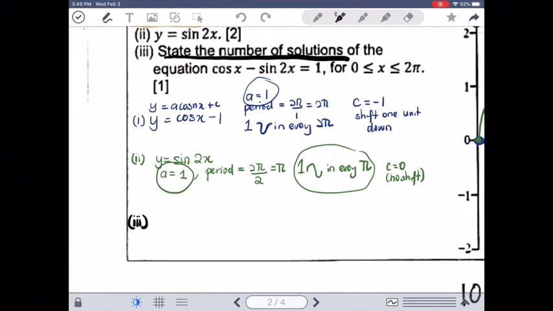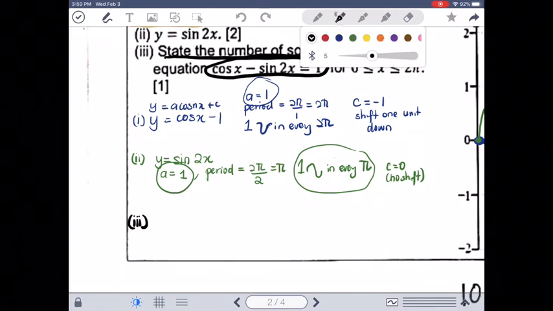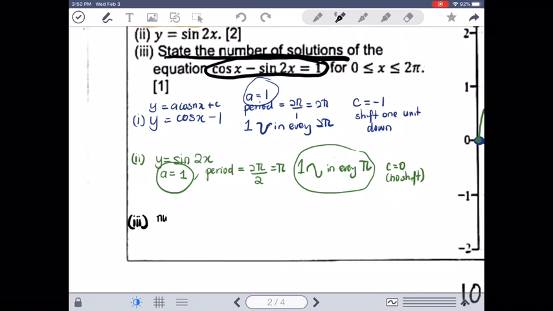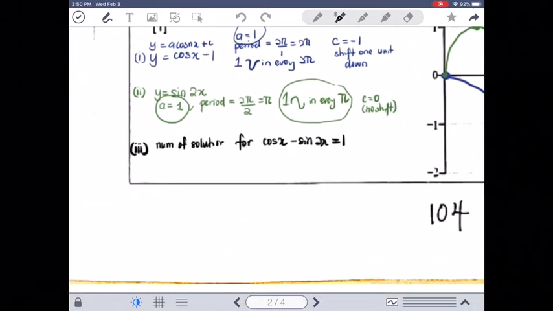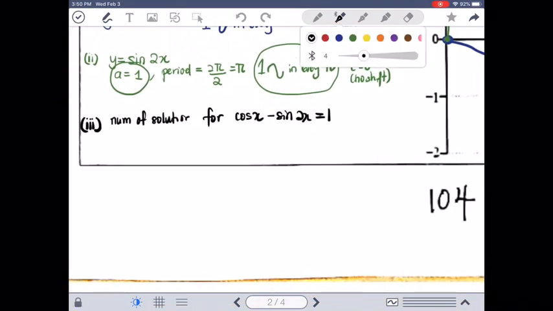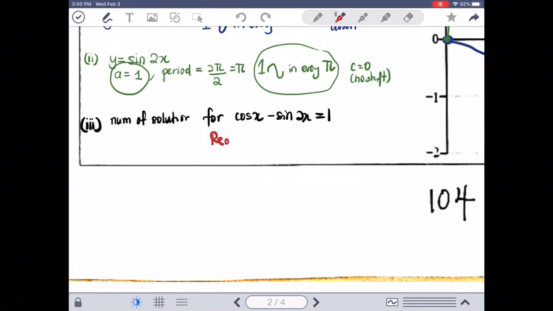Now we are going to answer the third question, which is to state the number of solutions of this equation here. So we want to find the number of solutions for cos x minus sine 2x equals 1. If you notice, we can rearrange this.